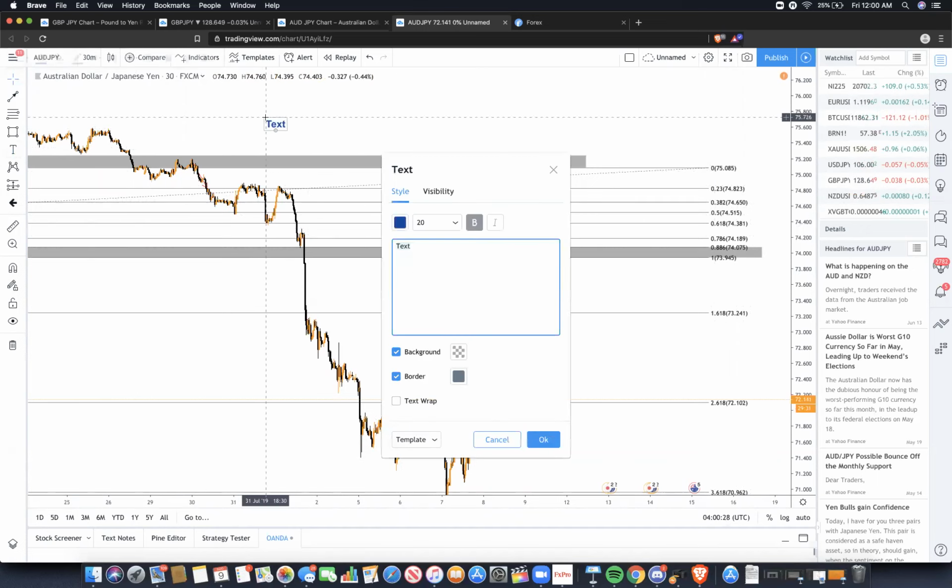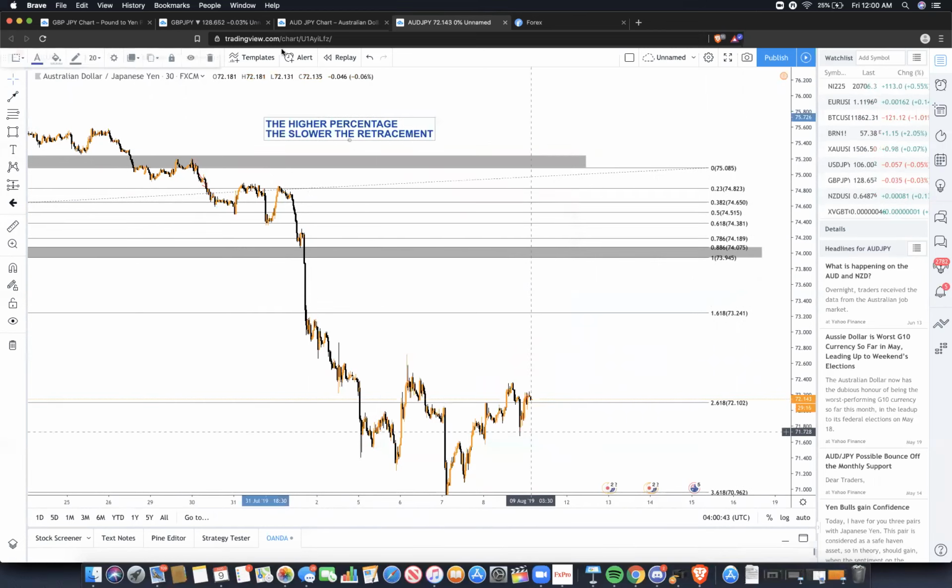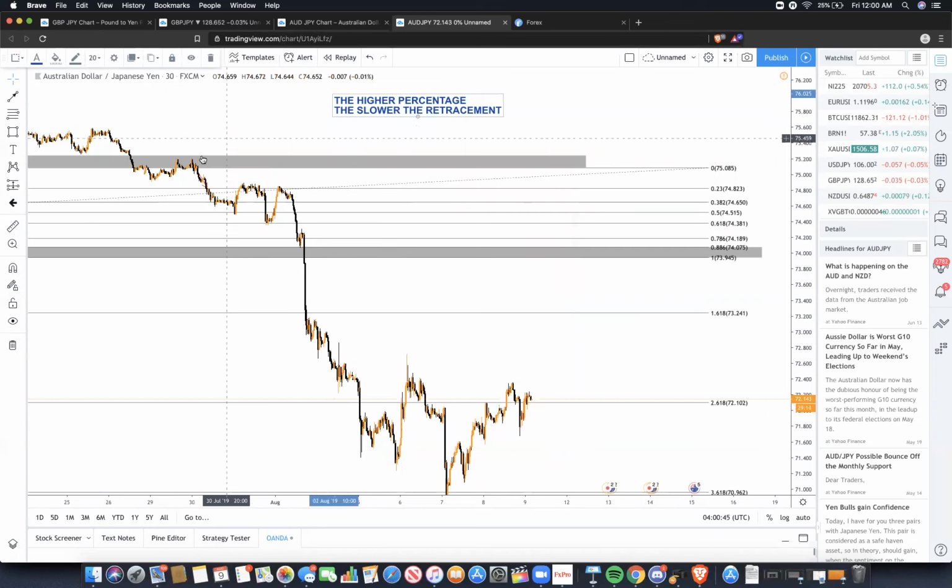So I'll say it again. The higher the percentage, the slower the retracement, right?